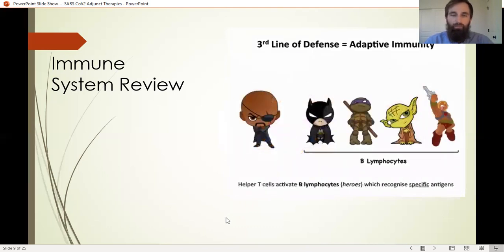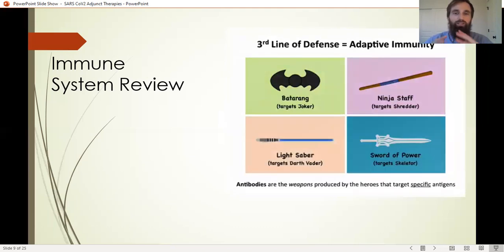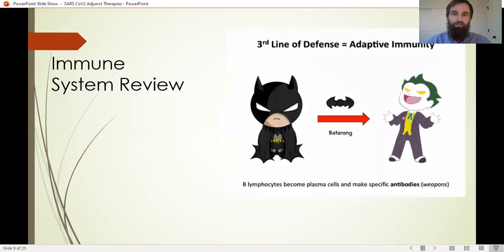Now, the helper T cells activate some of the B lymphocytes. So you can see there's a lot of communication happening within your immune system. And then specific antibodies are created to combat the specific pathogens.